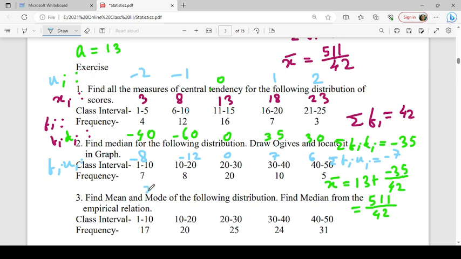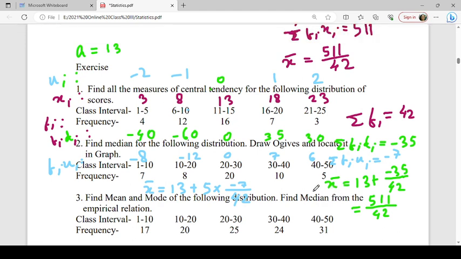So x bar is now 13 plus length of interval 5 into minus 7 by 42, so same value, minus 7 into 5 is minus 35. So we have the same x bar for all of these, and this is our mean of the data.